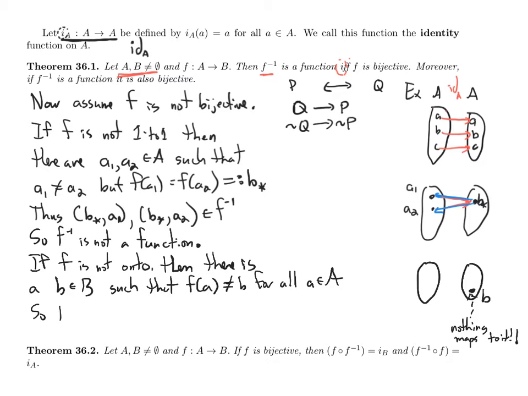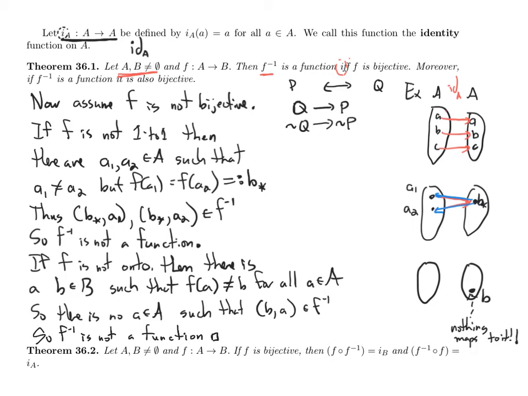So there is no a such that (b, a) is in the inverse relation f inverse, because b would be related to nothing. There are no arrows going back the other way. So that tells me again that f inverse is not a function.